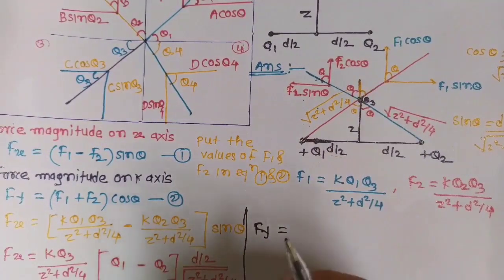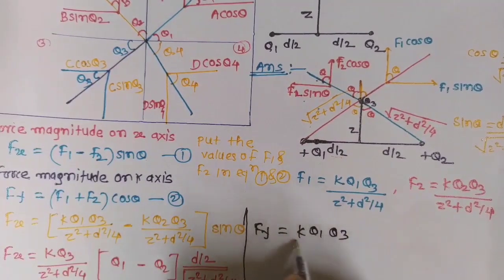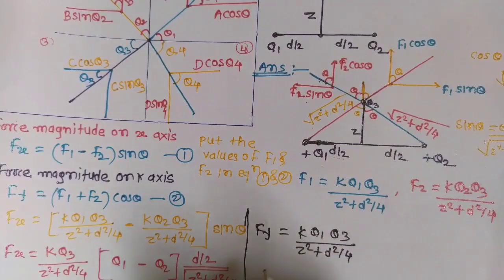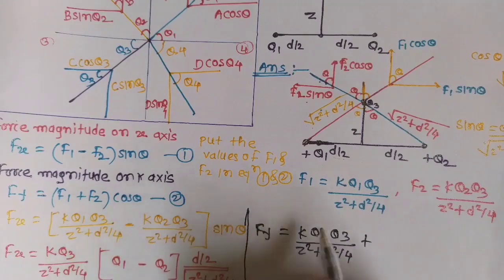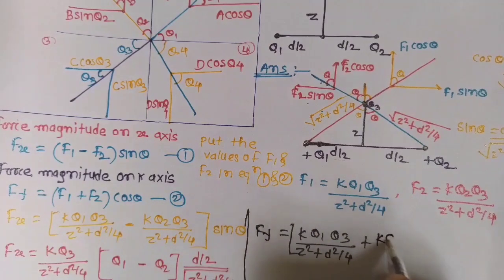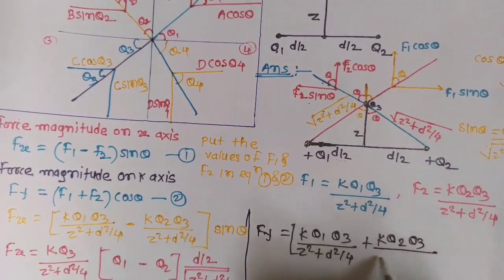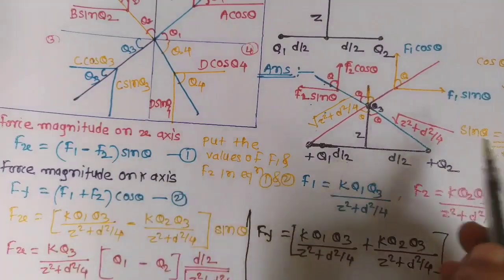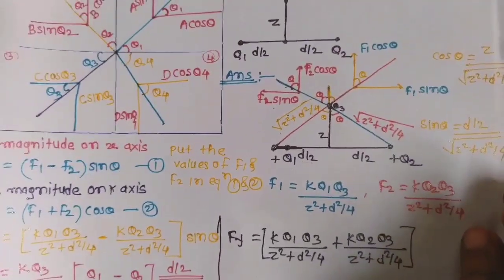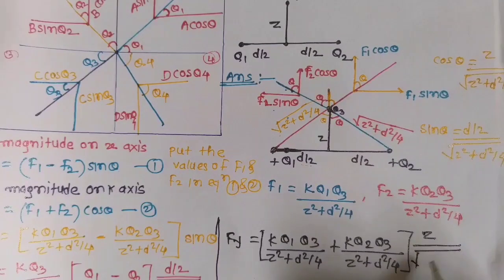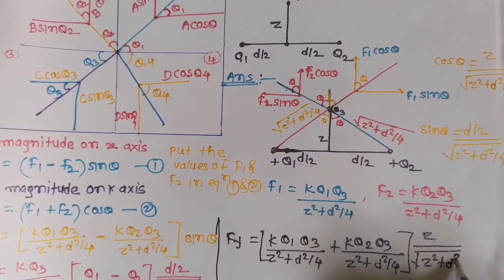It is fy is equal to k q1 q3 upon z square plus d square by 4 plus, it is f2, k q3 q2 upon z square plus d square by 4. It is cos theta. Cos theta is z upon under root z square plus d square by 4.